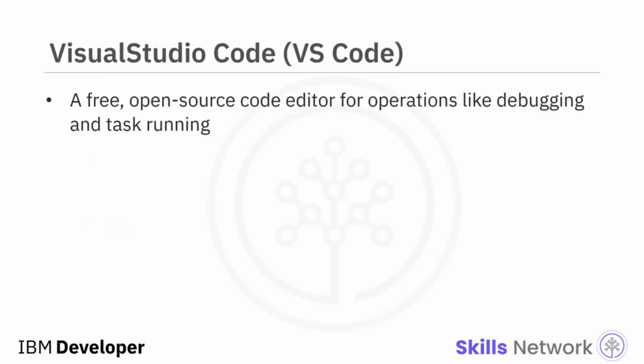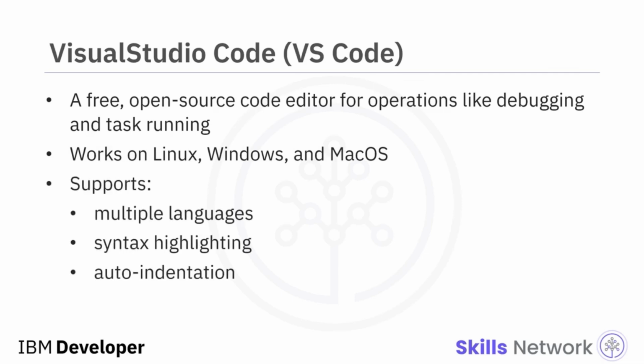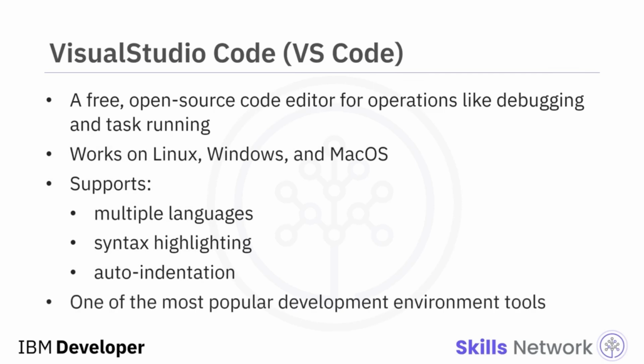VS Code is a free open-source code editor for debugging and task-running operations. VS Code works on Linux, Windows, and Mac OS. It supports multiple languages, syntax highlighting, auto-indentation, and more. VS Code is one of the most popular development environment tools.